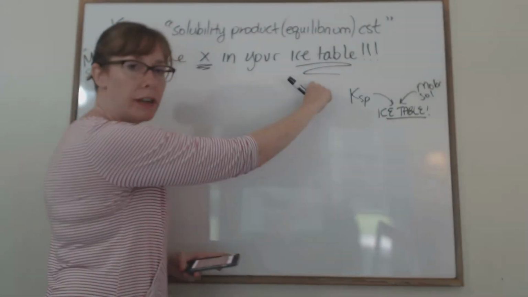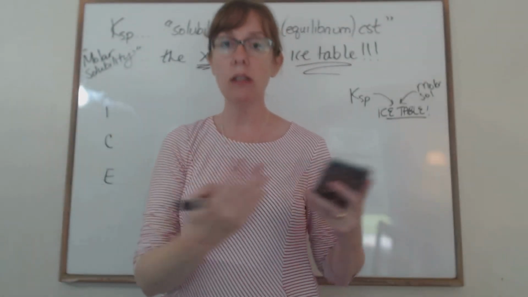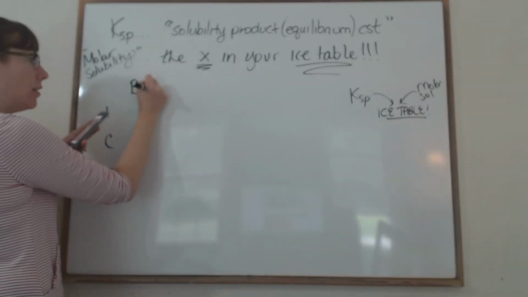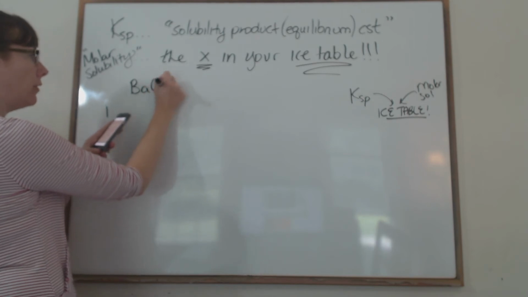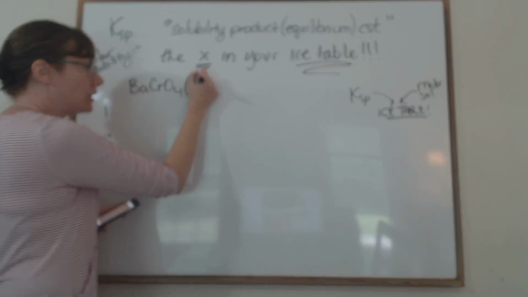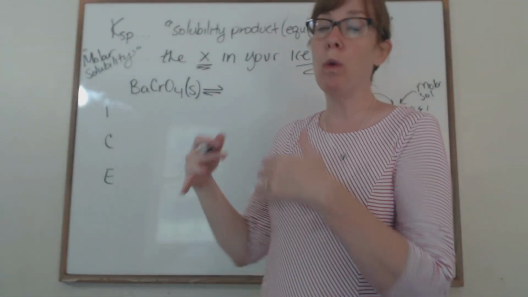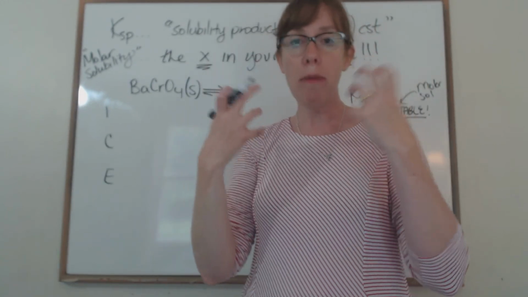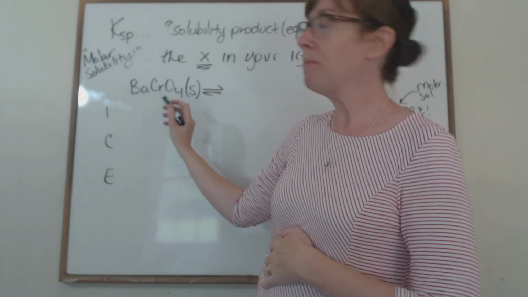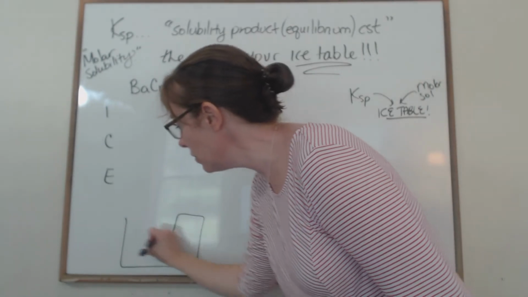So what is the relevant reaction that you write on top? If it involves KSP, it's the dissolution, the dissolving of it. It will start to look familiar. BaCrO4, even if you don't know what that is, just make it a solid and dissolve it. You have to figure out what ions you get and how many of each. If you're thinking, I don't even know what this is, one of them will be obvious and fit nicely into your pattern.